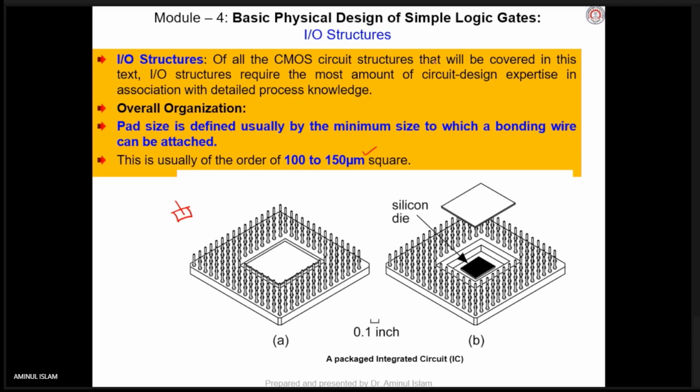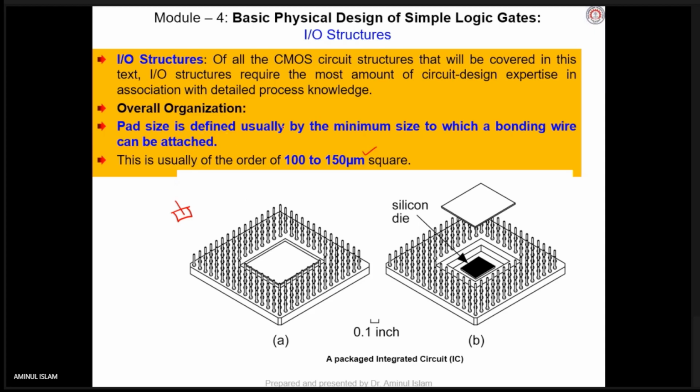So of all the CMOS circuit structures that will be covered in this text, I/O structures require the most amount of circuit design expertise in association with detailed process knowledge. So it is important, as can be seen here, it is specifically written that it needs expertise.